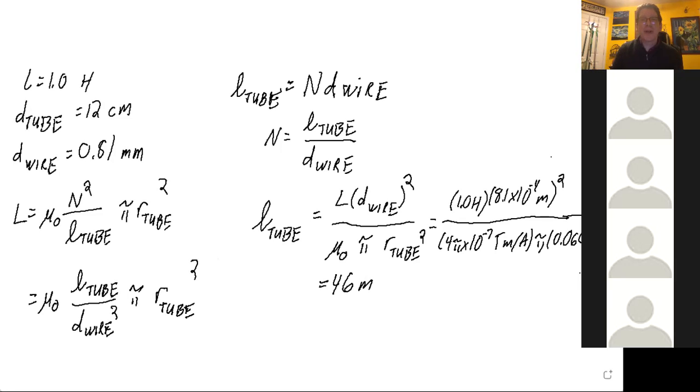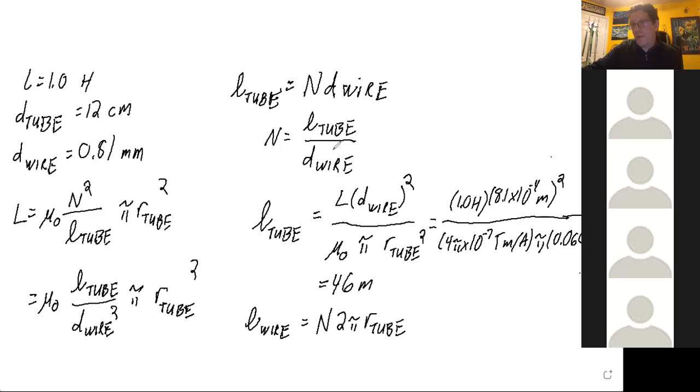And then the second part, how many kilometers of copper wire will be needed? So the length of the wire is equal to N, the total number of turns, multiplied by the circumference of each turn, which is 2 pi times the radius of the tube.